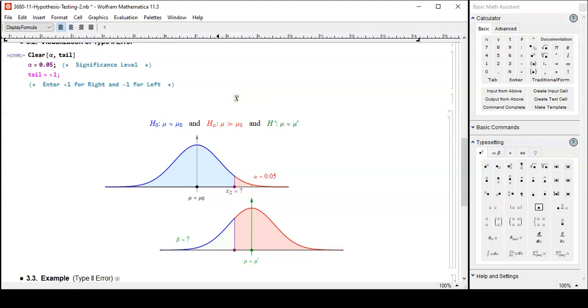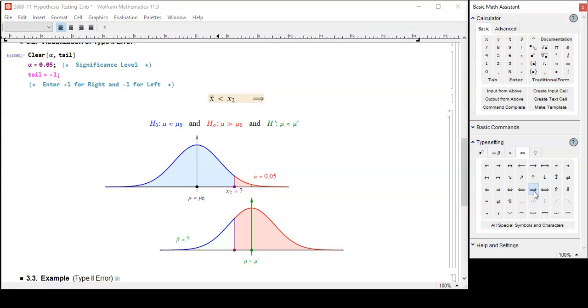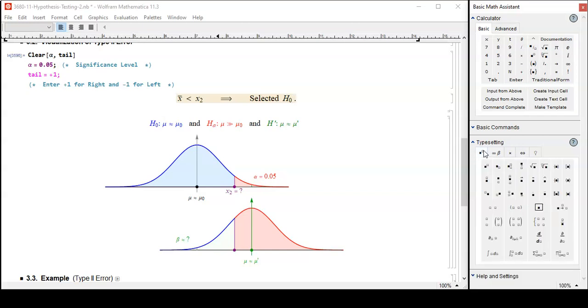If x bar had been less than this critical value of x2, then that's it, isn't it?